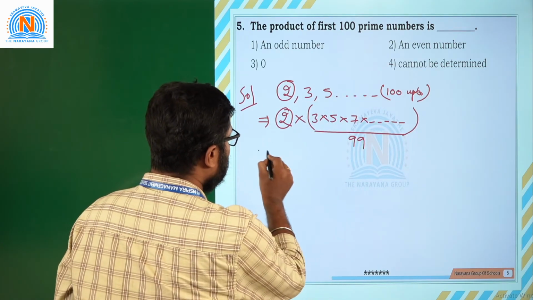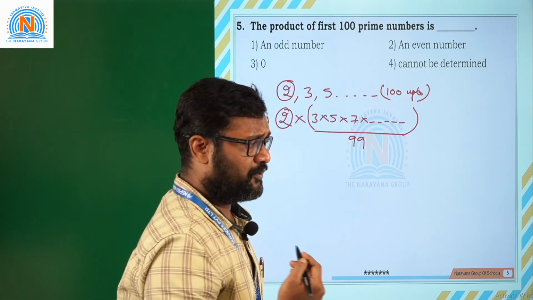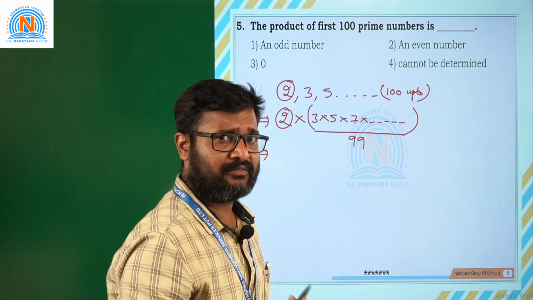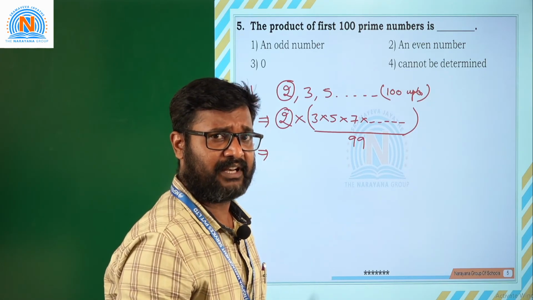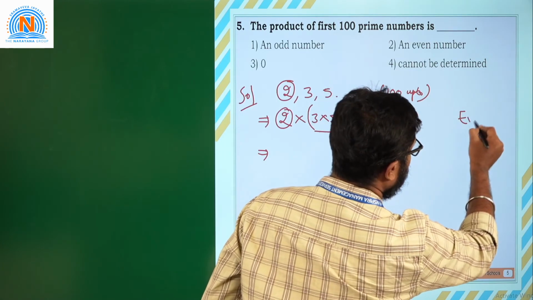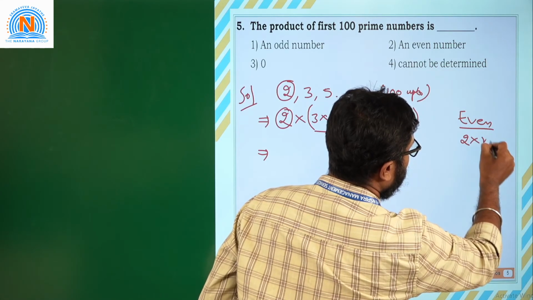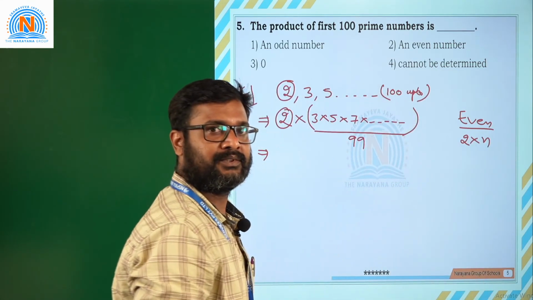See, children, if you multiply any number with 2, then it will be an even number, isn't it? Even number means what, children? Nothing but 2 into something, 2n, isn't it?